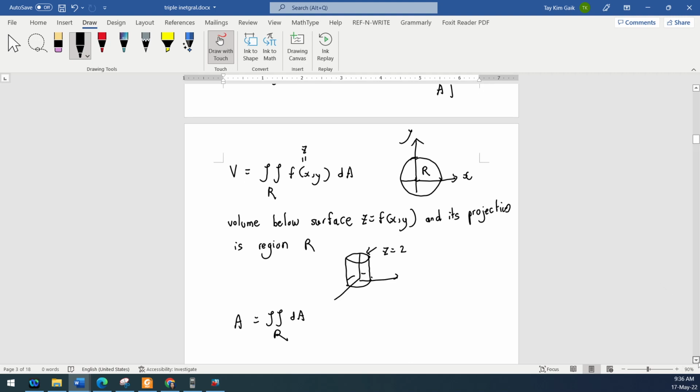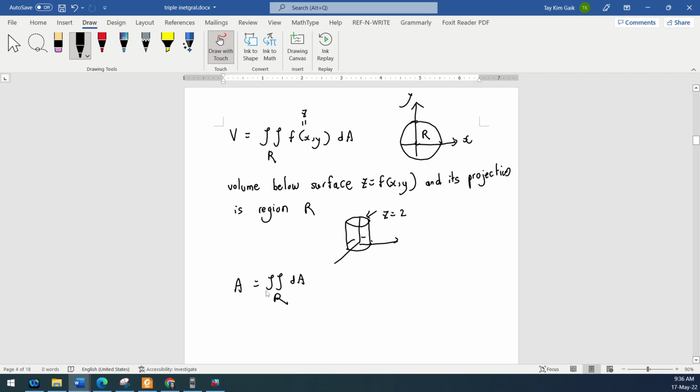So you have the double integral of 1 dA over region R. This is the area. Now your height is the z, right? So you multiply the area by the height, and that's why you get the volume. For a double integral, the limitation is the projection R on your xy plane.